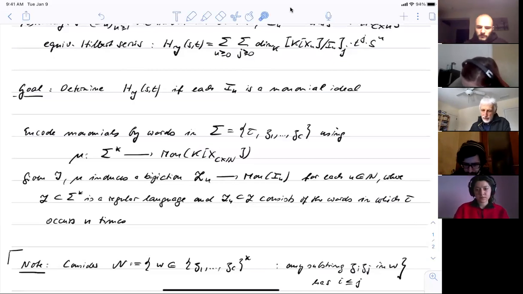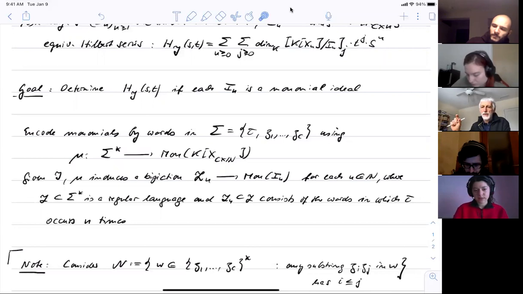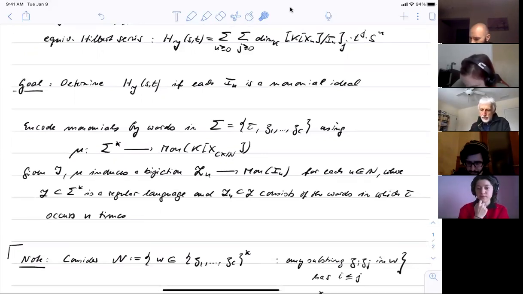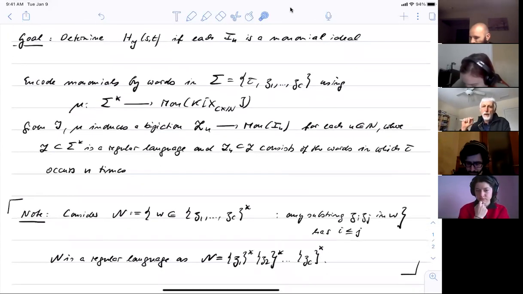Yesterday it was pointed out that this map, as given, is certainly not bijective, because if you have a substring zeta 1, zeta 2, it produces the same monomial as if you switch the order, zeta 2, zeta 1. And I said, well, you just order these. I said this can be done. So let's review this.